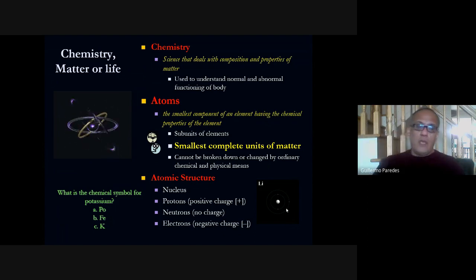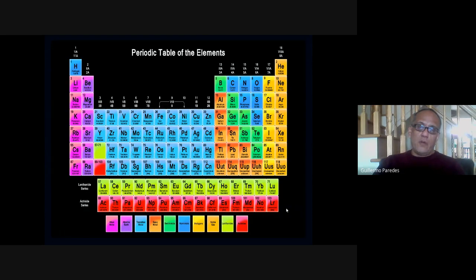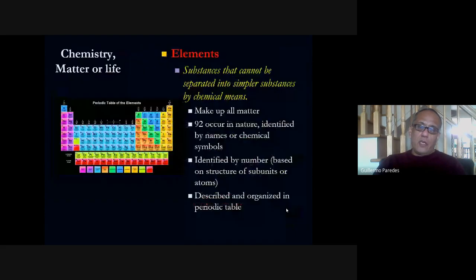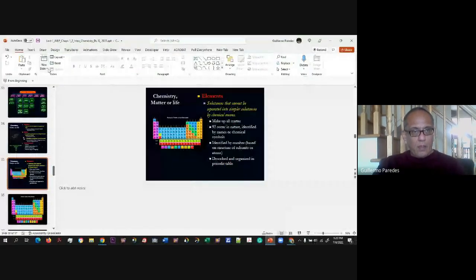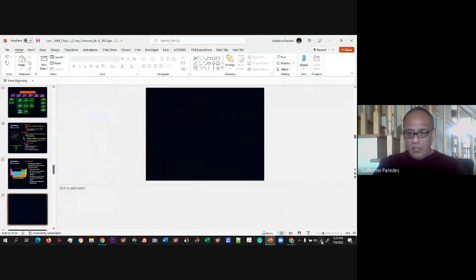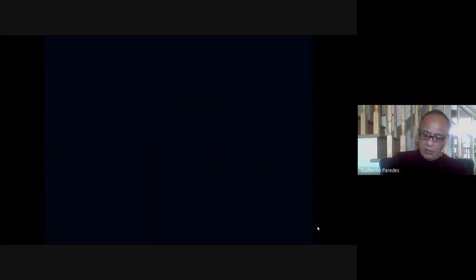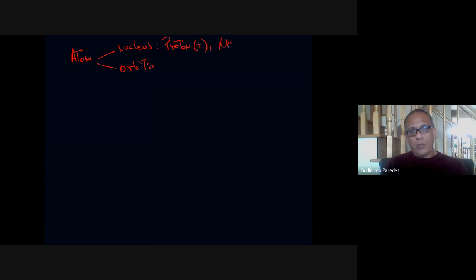All right, so here we are going to make a very brief summary. Number one. The atom is composed of a nucleus and the orbit. The nucleus is going to be composed of protons that are positive and the neutrons.